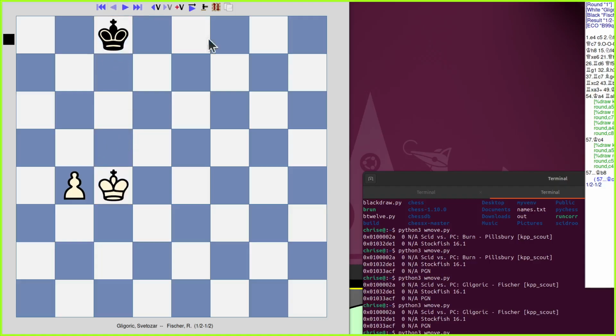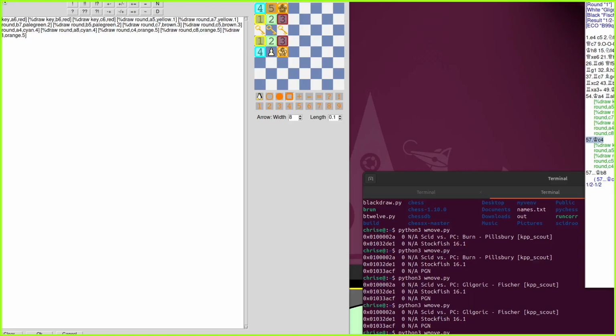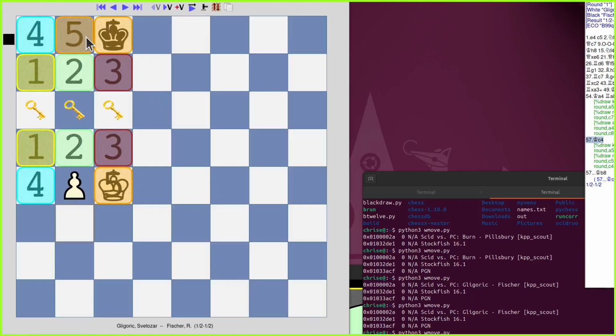You have to move sideways, and effectively what you're doing is oscillating between those two squares, and if white wanted to come back around and go to that square, then you'd be oscillating between these two squares. So I hope that's clear.